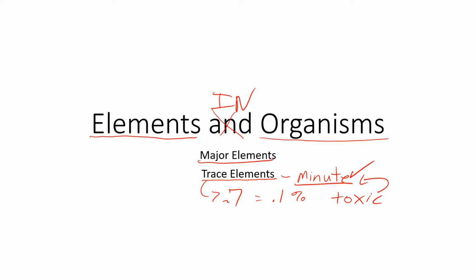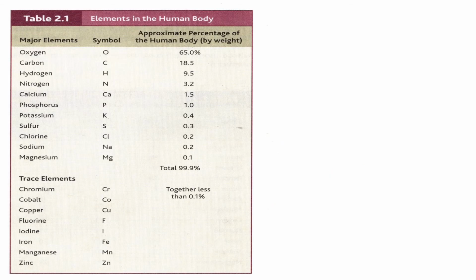So again, these are elements in organisms. You're made up of these. Here's a list from a while ago. I Googled a number of things, and I see some variation, but for the most part, a lot of these are agreed upon.